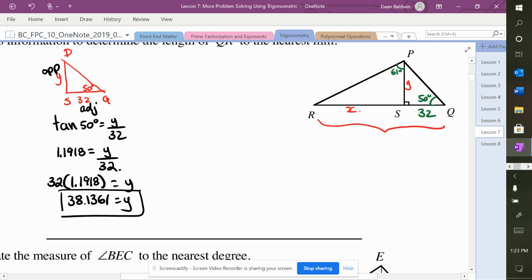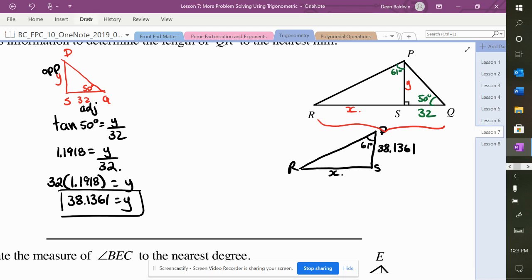So now I can use RPS triangle, which I will draw right here. And we know that this is now 38.1361. And I'm trying to find X. So if you label the sides based off the angle they give you, this is opposite. That's adjacent. So it's another tan.